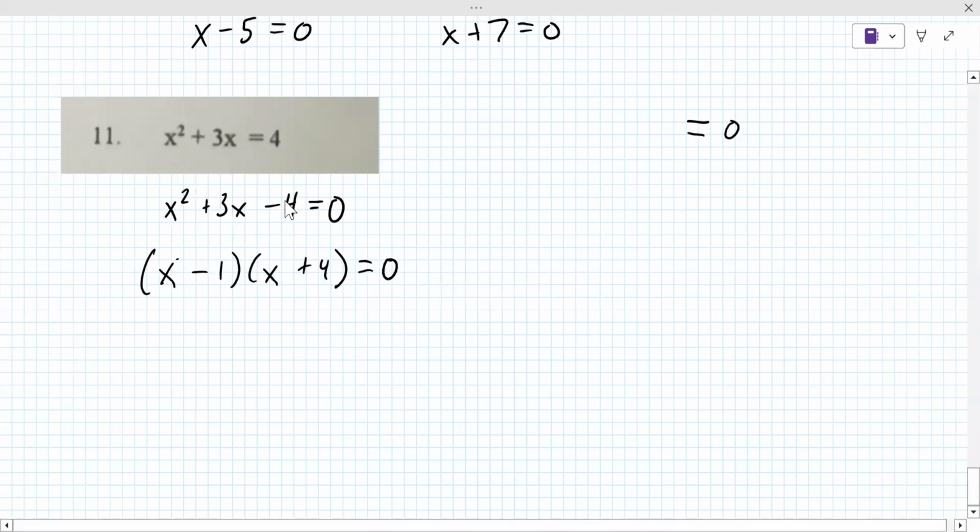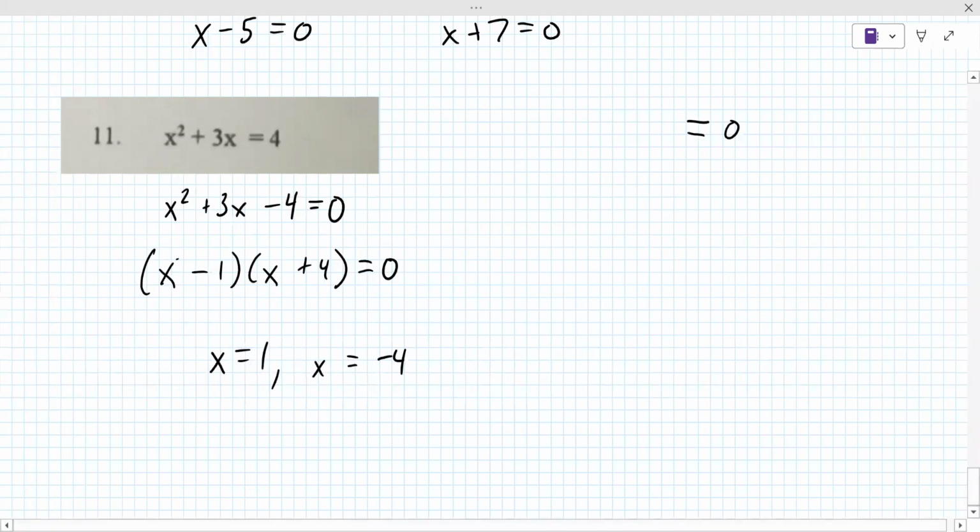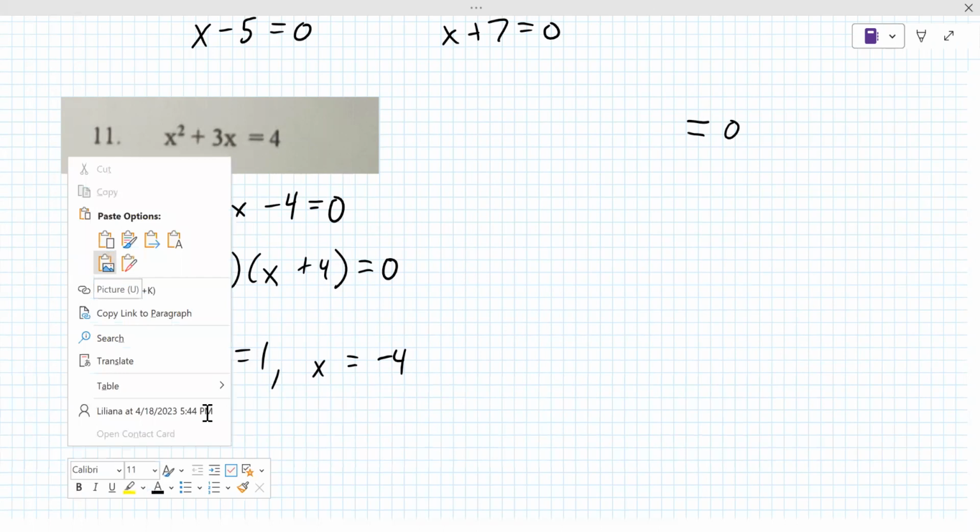And that becomes x equals 1 and x equals -4. Good. All right, let's have you do 9 on your own here. 9 is like the ones we've been doing.